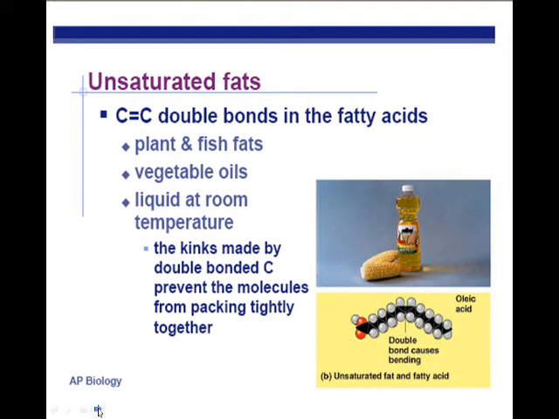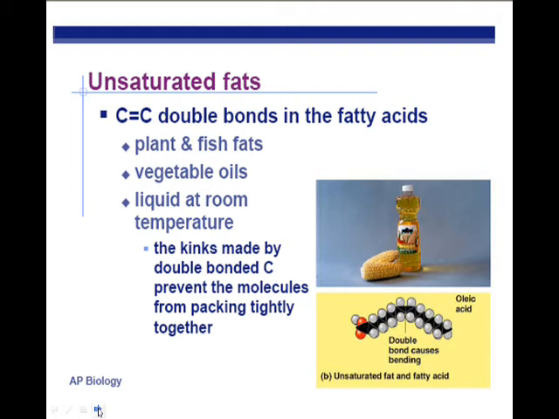Unsaturated fats have double bonds in the fatty acid chains, but it causes a little kink. Remember the cis, we talked about cis and trans. If it's a cis isomer where both of the hydrogens across the double bond are on the same side and the rest of the hydrocarbon chain is on the other side together on the double bond, it forms what we call a cis isomer.